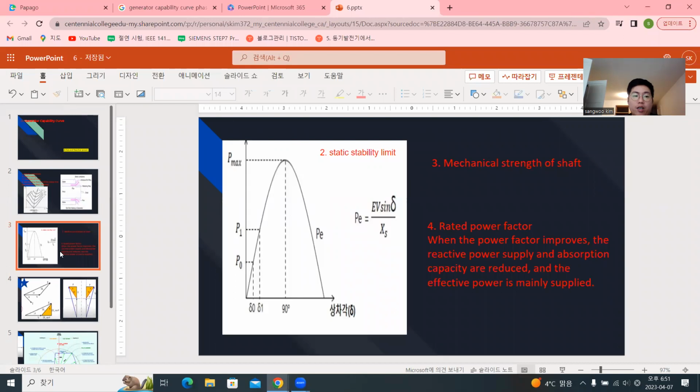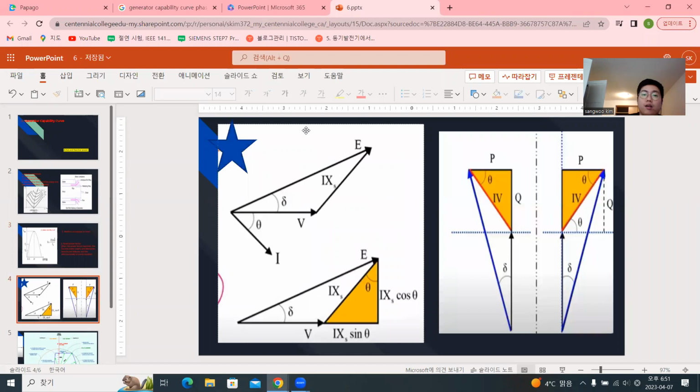In the previous lecture you heard about the static stability limit. So let's look at why we have this picture. First of all, we need to make a voltage equation. We start by drawing the equivalent circuit: E, here is I, then jXs, and then the load.